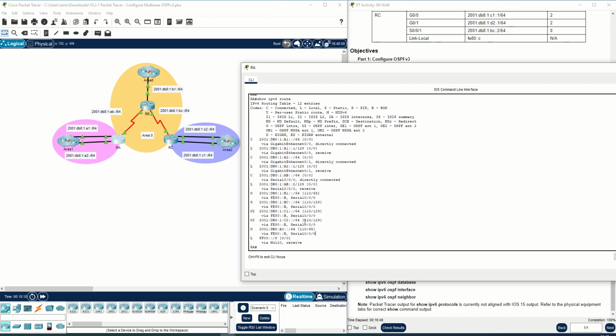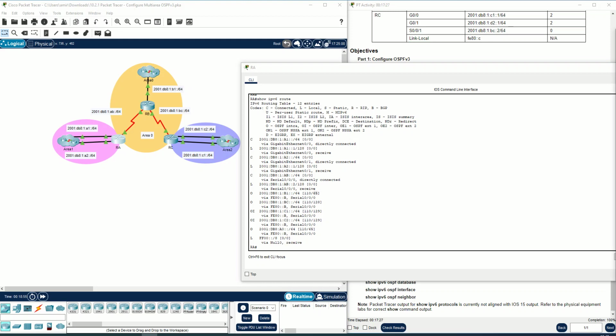You can see 110 for any path here to access some destination. 110 is the administrative distance, which is 110 by default for OSPF, and also we have the cost to access the destination. You can see we have different costs. It depends on bandwidth and something like that in this topology.